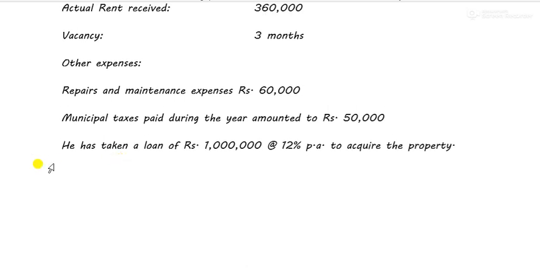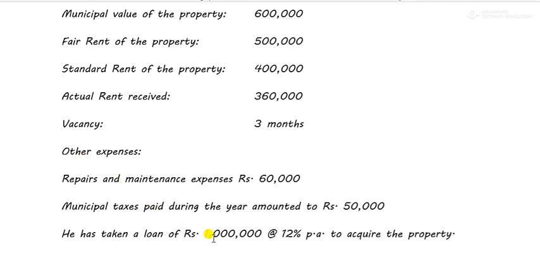And next is interest on loan. So he has taken a loan of rupees 10 lakh at 12% to acquire the property. Simple. If the loan has been taken for four causes: purchase, construction, renewal, or repair, then the interest on loan shall be deducted. If it is not for these four purposes, then it will not be deducted.